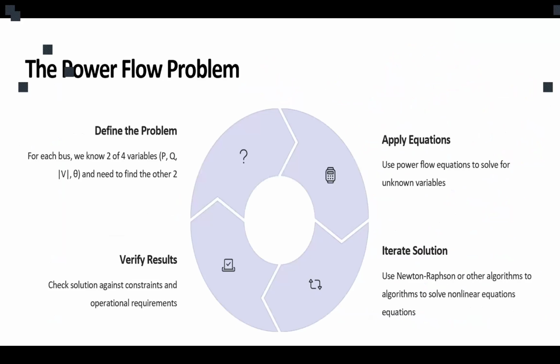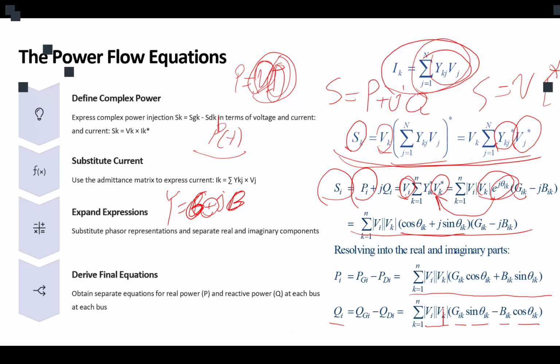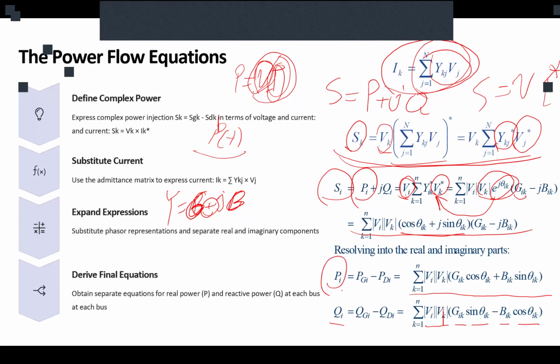Now, depending on the information that you have for each of the buses, if you look at this formula, P, Q, voltage and theta, so 1, 2, 3, 4, we have 4 unknown variables.